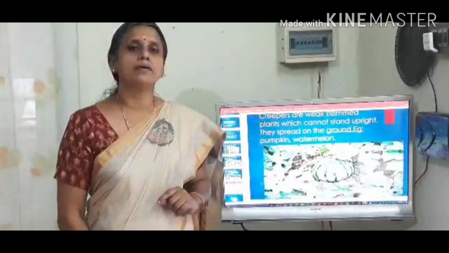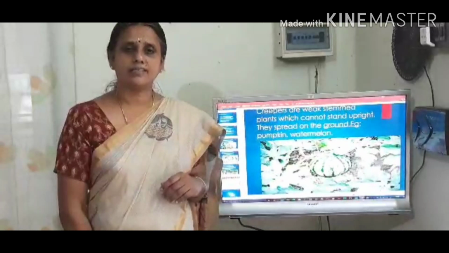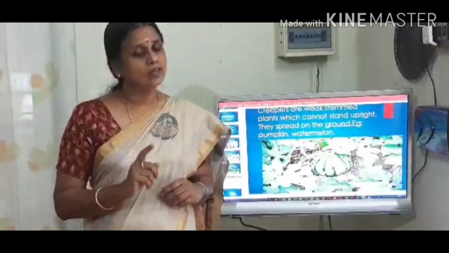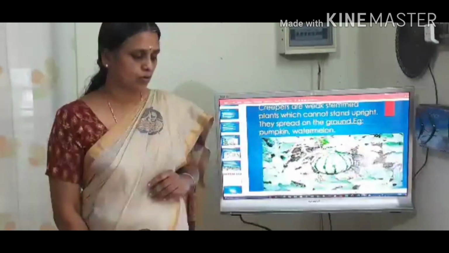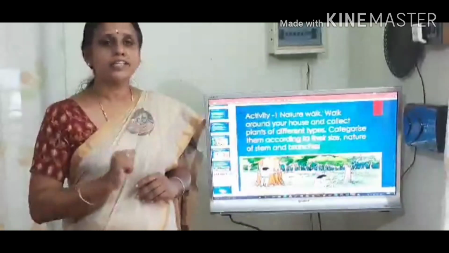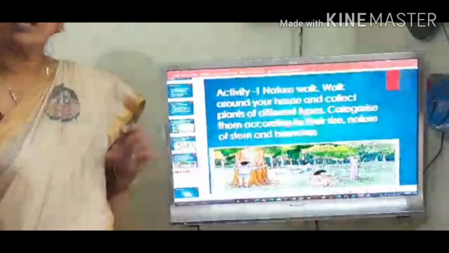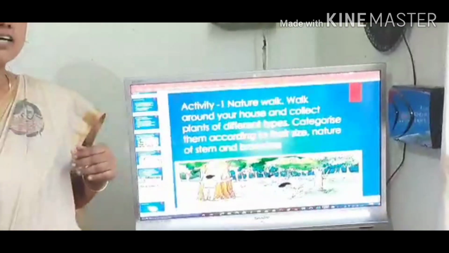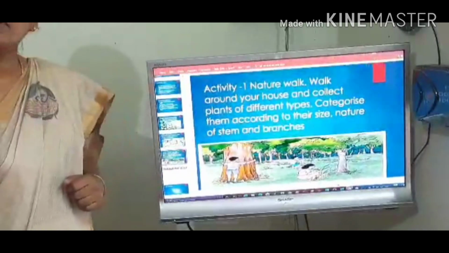They are called creepers. Now, I have taught you many things, but surely you must find out yourself about all the things that I have taught you. So you have an activity here in your textbook. This activity is a nature walk. We all love walking around our house or along between many trees and plants.